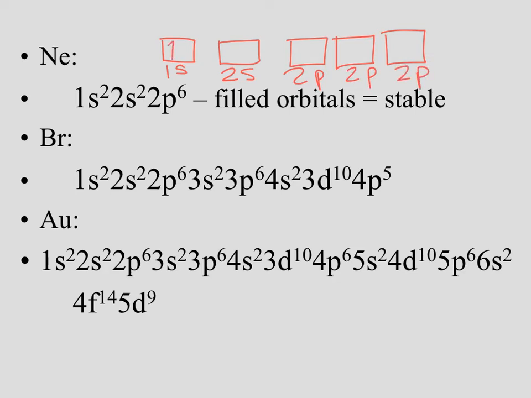So we have hydrogen, helium, lithium, beryllium, and then we have boron, carbon, nitrogen, oxygen, fluorine, and neon.